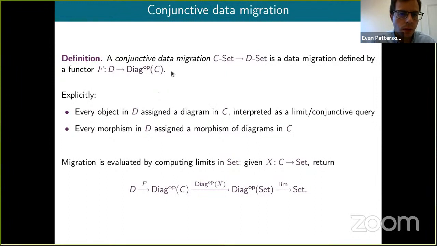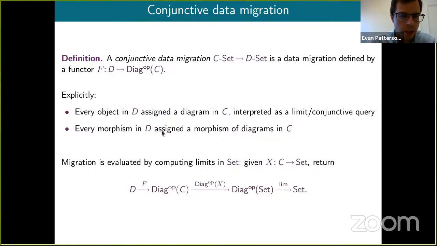So then we'll say that a conjunctive data migration will be a functor from C-Set to D-Set that's defined by a functor of this form from D to Diag^op of C. To be very explicit, what this is saying is that to every object in D, I'm going to assign a diagram in C, and I'm going to interpret that as a limit or as a conjunctive query.